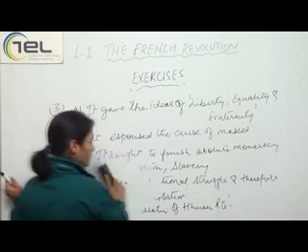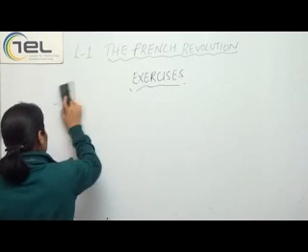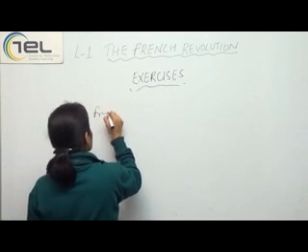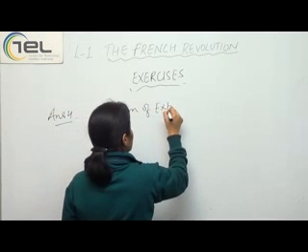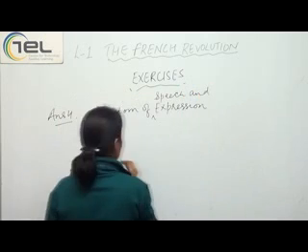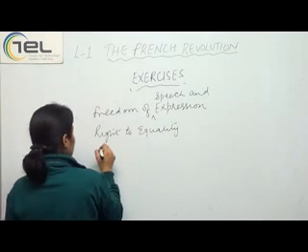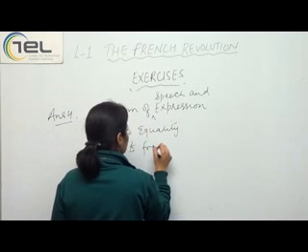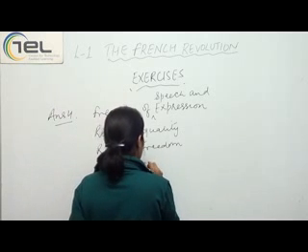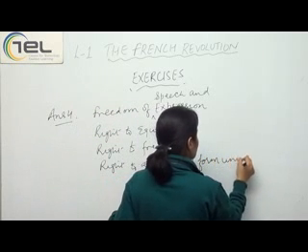Some of the rights whose origins can be traced to the French Revolution are freedom of speech and expression, right to equality, right to freedom, and right to assemble and form unions.